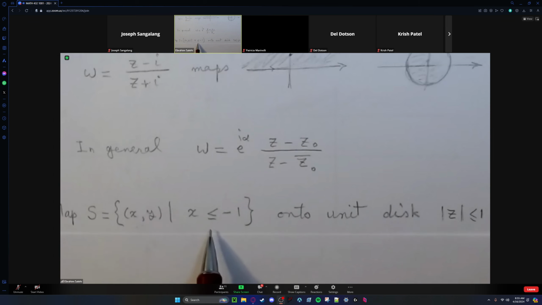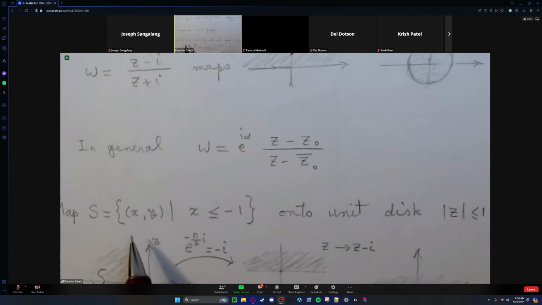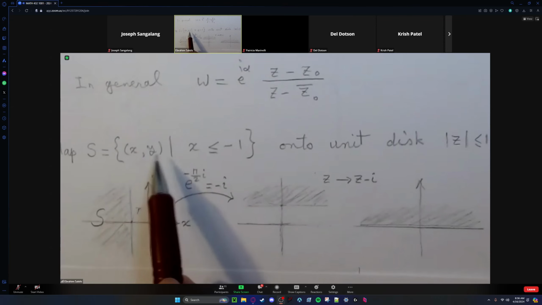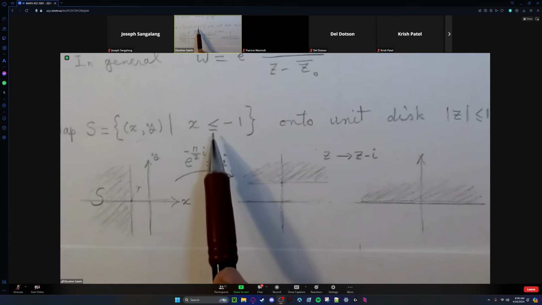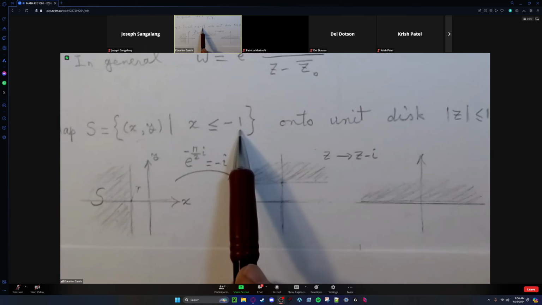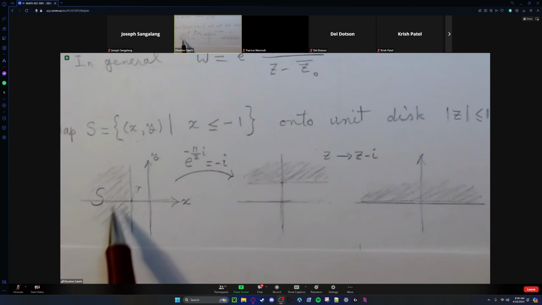And they will tell you, for example, go ahead and find a function that maps this into something else. In this case, the unit disk. Well, of course, you need to graph this thing. This is the set of all xy's. There is no restriction on y, but x has to be less than or equal to -1. So here is the shaded area.